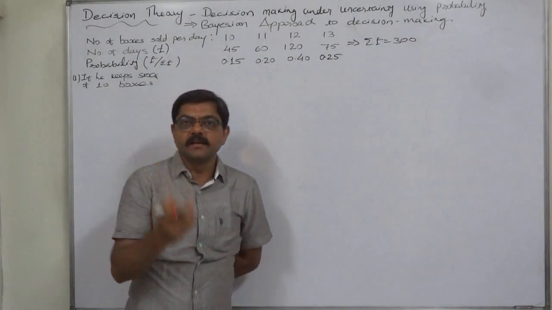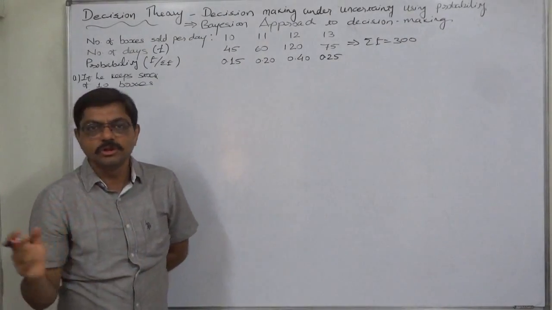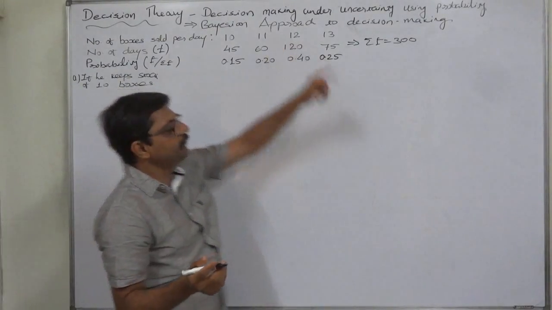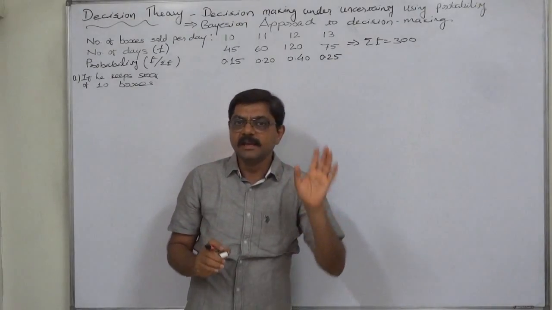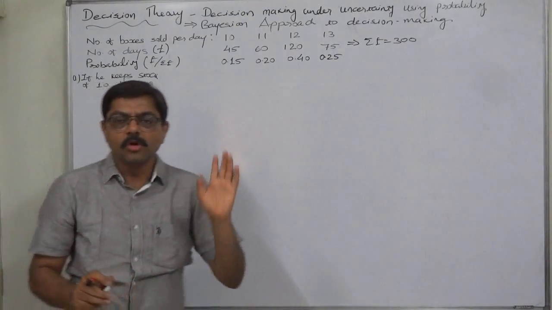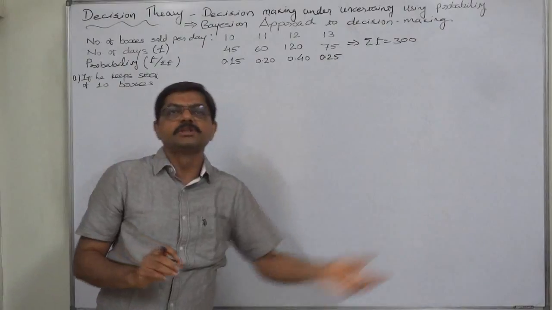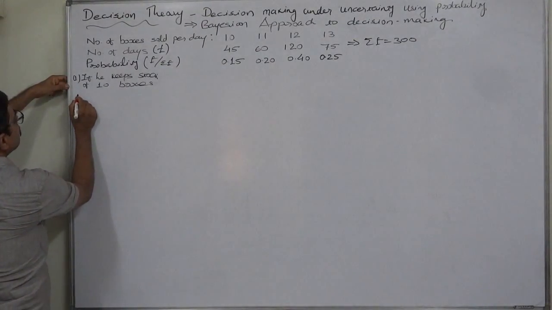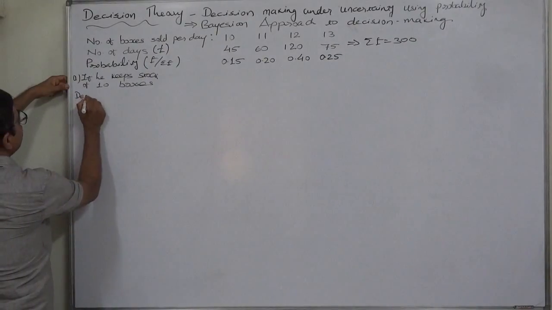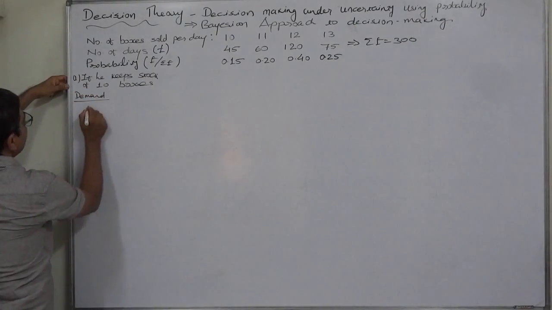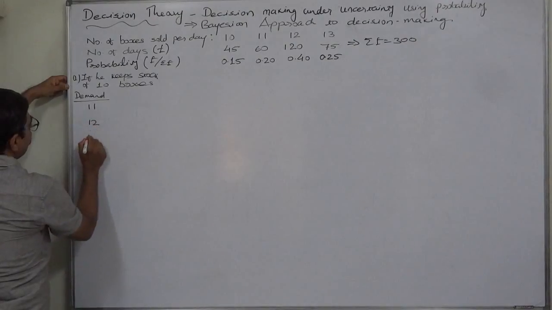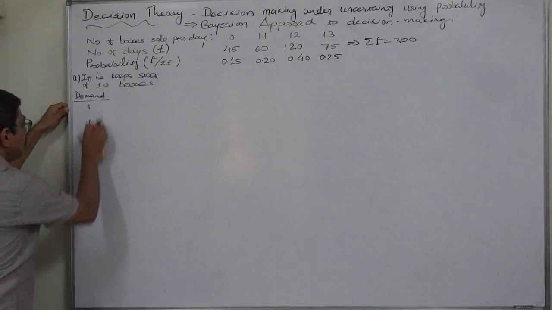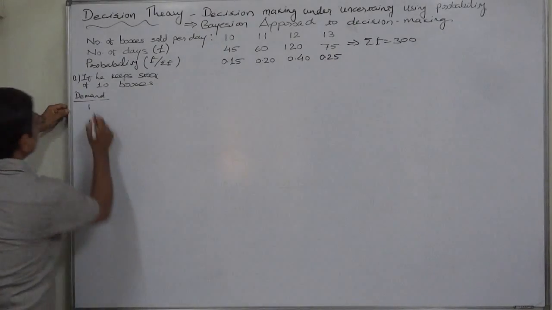But even if the demand is 11, he can sell only 10 boxes because he has a stock of 10. Similarly, if the demand is 12 boxes, he can sell 10. He can never sell more boxes than the boxes kept in stock. So the demand can be 10 or 11 or 12 or 13.